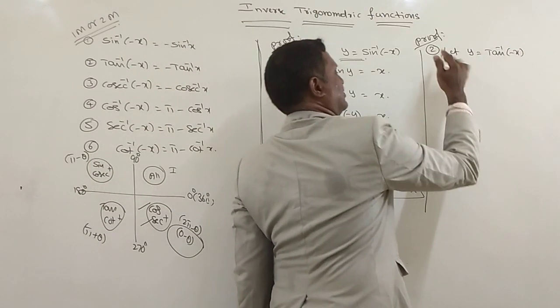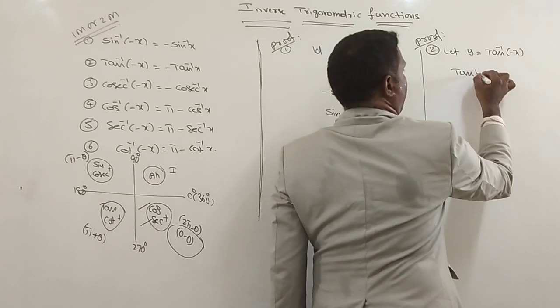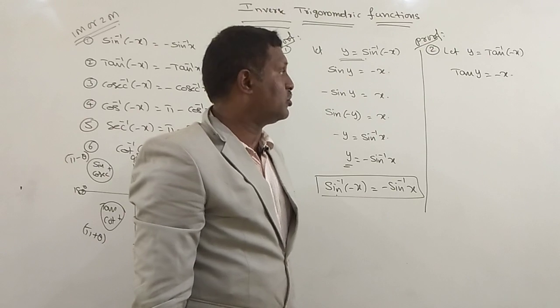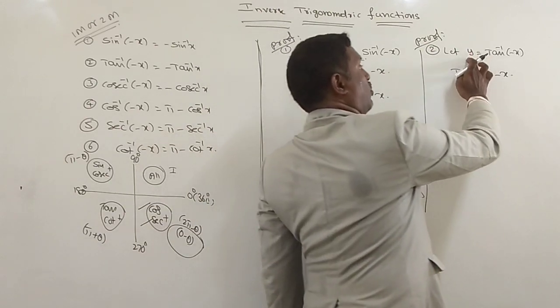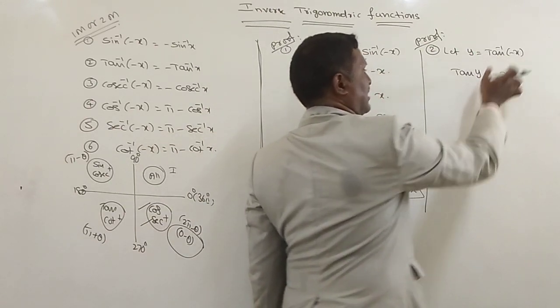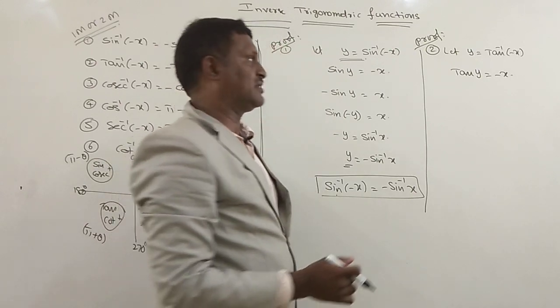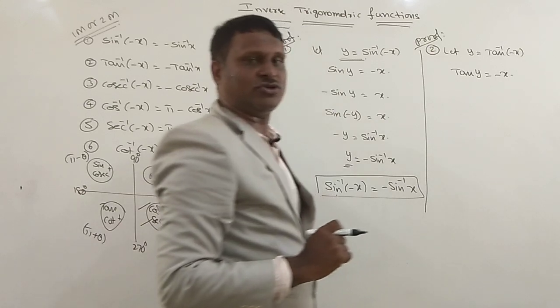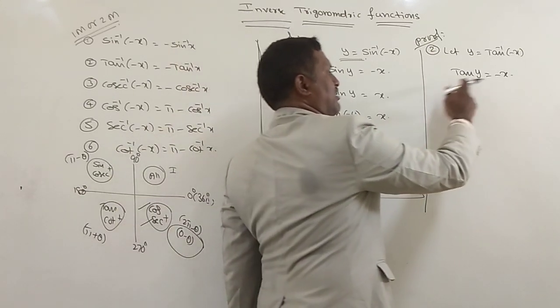Now tan inverse, take the other side, what we can write? Tan y is equal to minus x. So y is equal to, left hand side, I took it as tan inverse of minus x. Tan inverse, take the other side, tan y is equal to minus x, and multiply by minus sign.